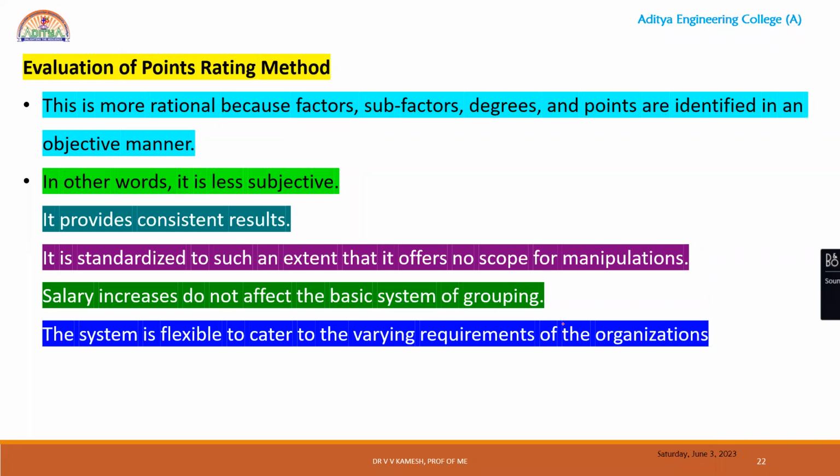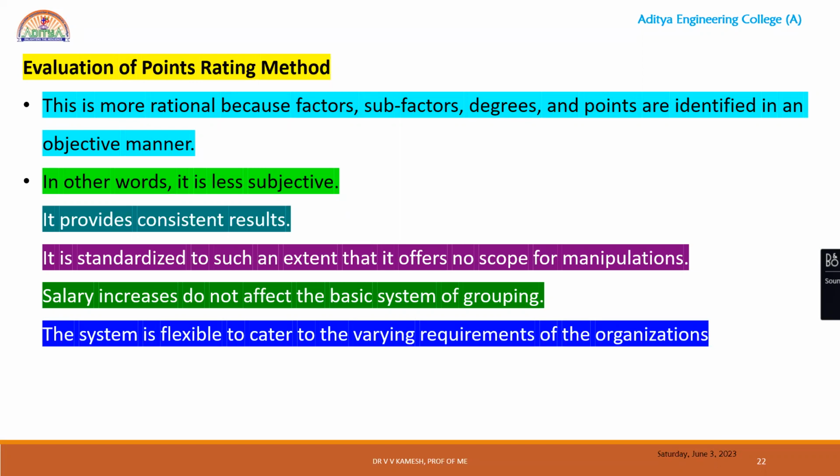You are giving the value to the job only, not for the person, right? So it is less subjective. Subjective means you are targeting the person, right? Here there is no subjectivity, only related to the job only, a quantitative technique. So it is directly related to the number of points, so less subjective.